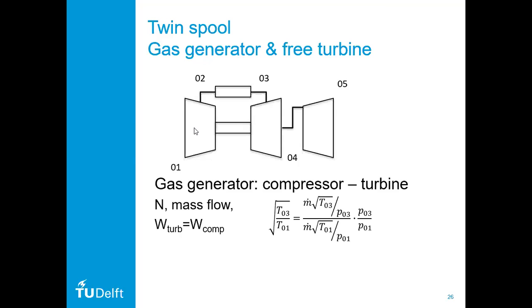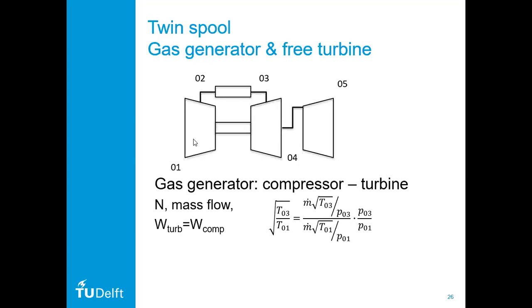The other matching parameter, if we assume a small fuel flow, is that we have constant mass flow through the system. That also makes life easy. And like I said, it was actually the same equation we discussed just before the break for the single shaft turbine. You can relate the turbine inlet temperature and the inlet temperature to each other with this equation and the pressure ratio.